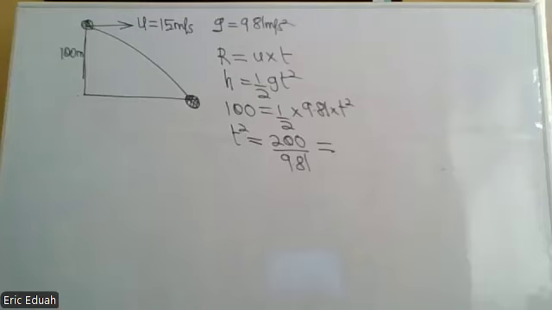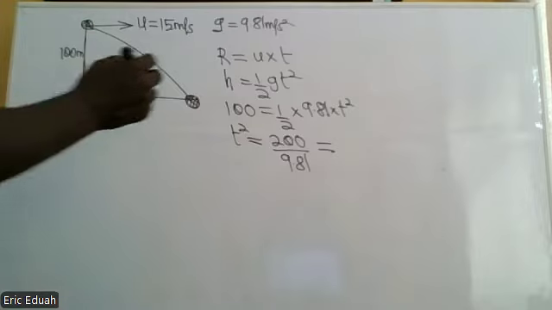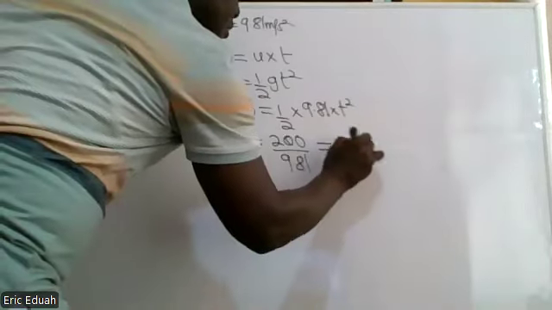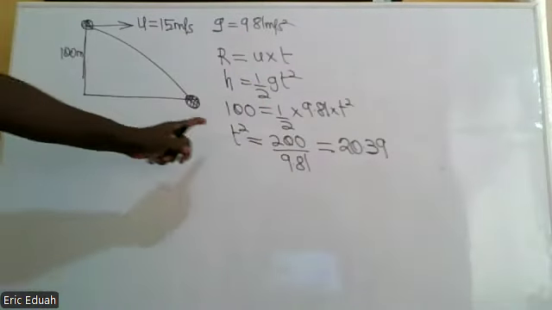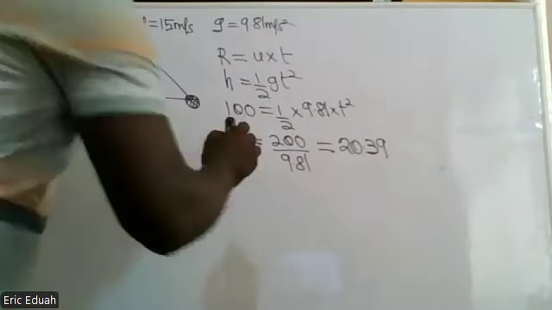So we take 20.39. Do not round your values to 1 dp, at least 2 or 3, especially once we'll be using it to calculate for another. So 20.39.